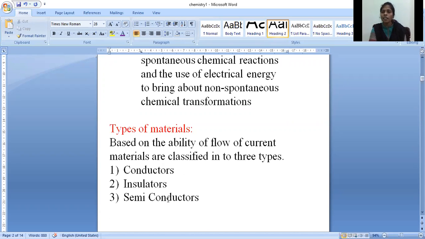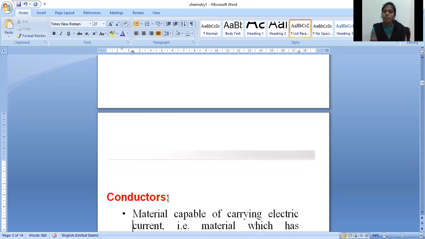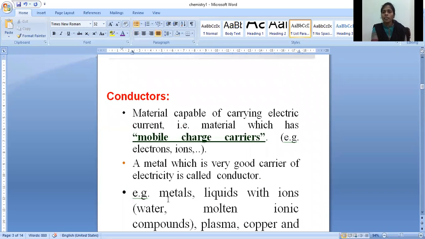Let us recall what a conductor, semiconductor, and insulator are. You know what is meant by a conductor. A conductor is any material which is capable of passing electricity. It is a material capable of carrying electrical current, that is, a material which has mobile charge carriers.